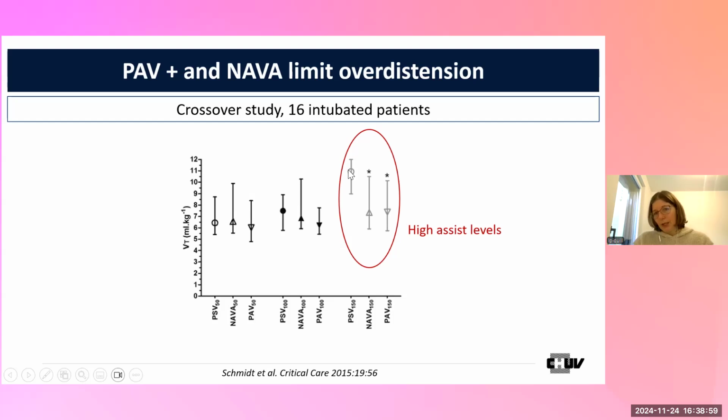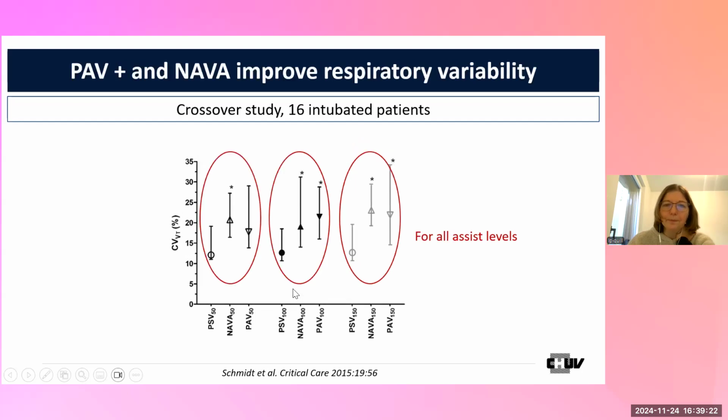This is not the case, of course, with pressure support ventilation. With pressure support ventilation, if we increase pressure support too much, you increase tidal volume. The proportional modes avoid this over-assist, even at the highest levels of support, which is probably of interest to avoid diaphragmatic atrophy, for example.